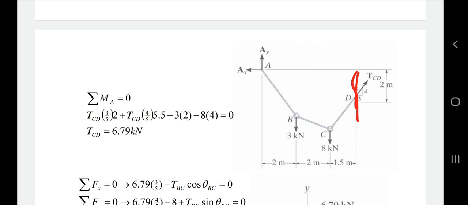Now here in this case, TCD is the force that you can call tension as well, tension in the member CD, because it is cut from very near to the support.